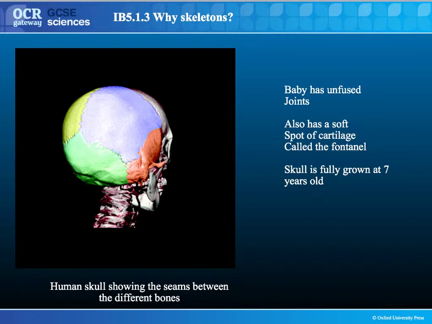These plates eventually fuse together to become the fixed joints. However, at birth, babies have a cartilage patch at the top of the skull. This allows the bones of the skull that are not yet fused to be squeezed so the baby can pass through the birth canal easier. And once this happens, the skull becomes extremely effective at protecting the brain.